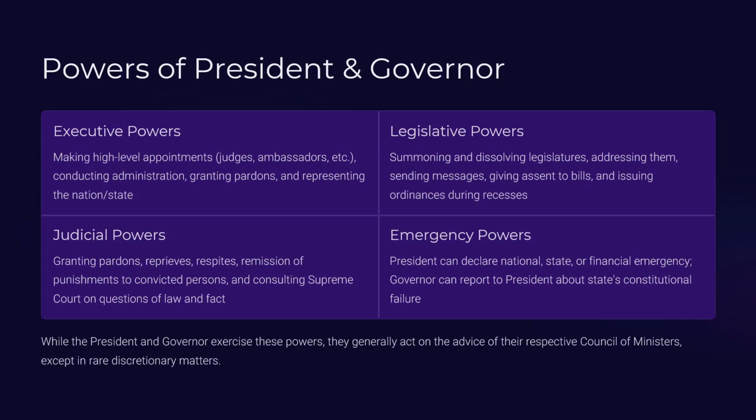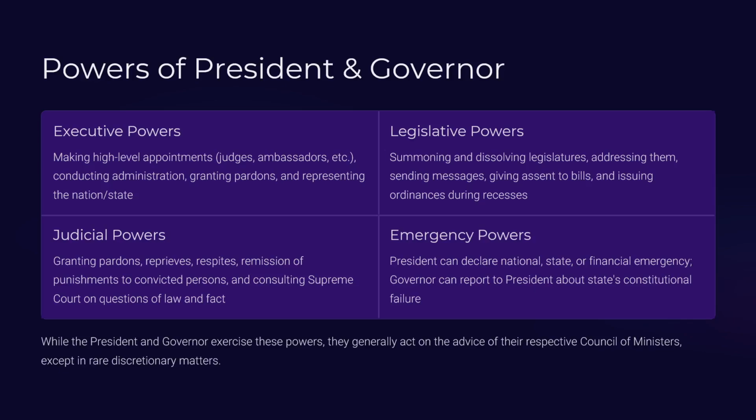Legislative powers are summoning and dissolving the legislature, addressing them, sending messages, giving assent to bills, and issuing ordinances during recesses. Judicial powers, whether Governor or President, are granting pardons, reprieves, respites, and remissions of punishment to convicted persons, and consulting the Supreme Court on questions of law and fact.